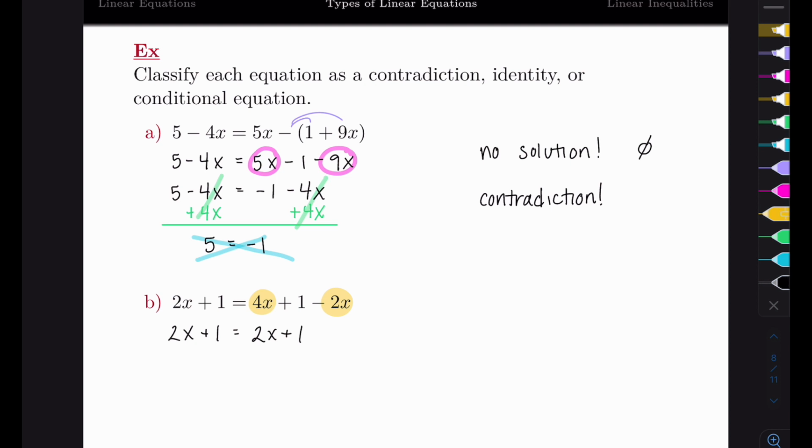But again, if I didn't recognize that, I'm going to go ahead and move this 2x to the other side to try to isolate x's. And in doing so, both of them cancel. And instead of boiling down to a false statement, I get something that is always true. So in this case, I have an infinite number of solutions.